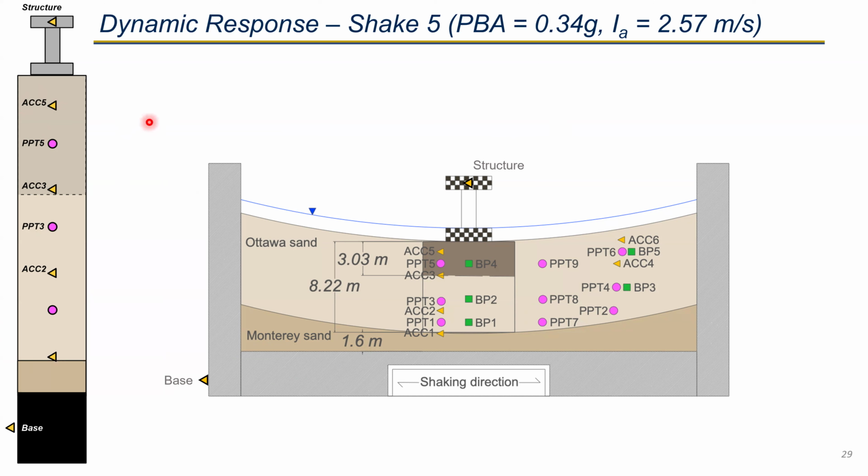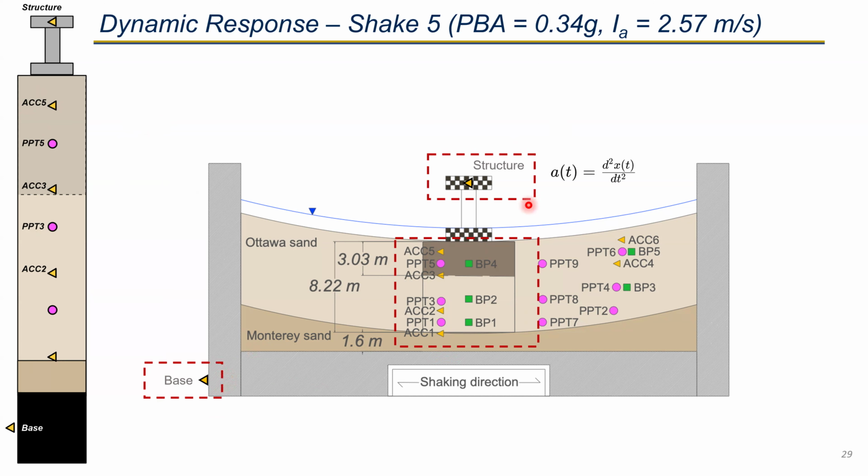The result that I'm showing you is from the sensors at the center array right below the structure. We installed 1 ACC at the base of the container to get the input base motion. For the structure acceleration, I told you that we are tracking the displacement of the structure. With the second derivative in time, we can get the acceleration of the structure.